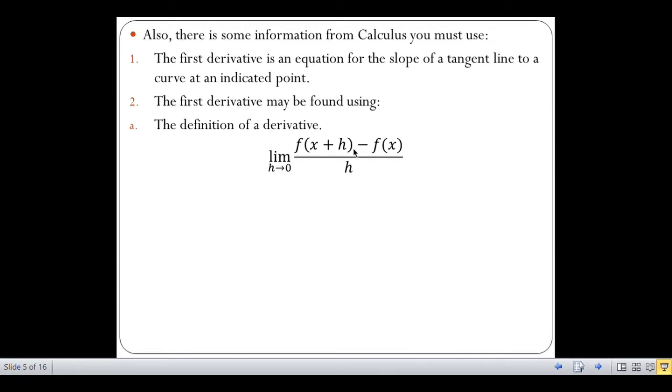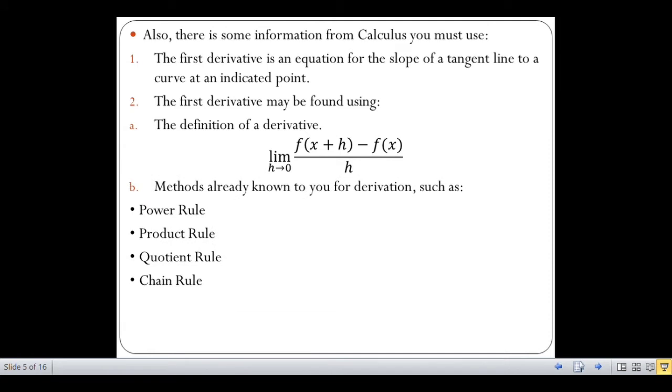And then, for your activities or maybe sa exam nyo gagamitin nyo to, so take note of this. The definition of a derivative, ito po yung gagamitin na formula natin if kukunin natin yung derivative of a tangent line. So, we have the limit of f of x plus h minus f of x over h as h approaches 0. Okay? Ayan po yung formula of derivative of a tangent line.